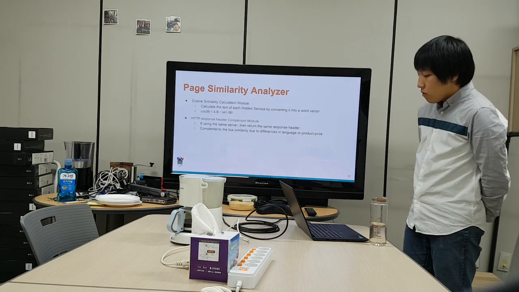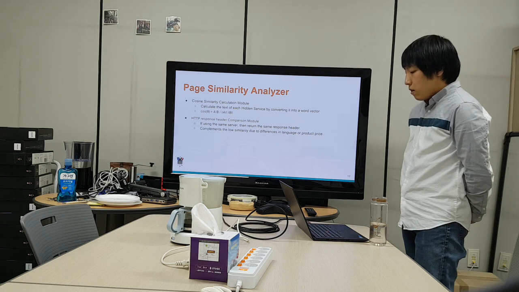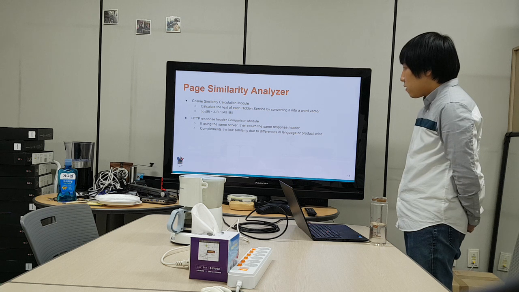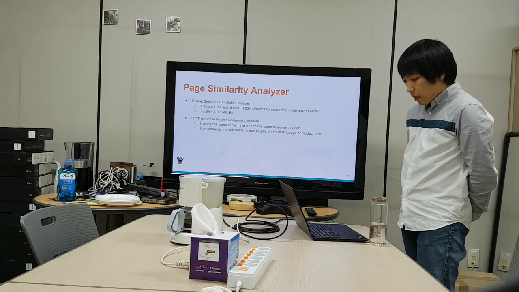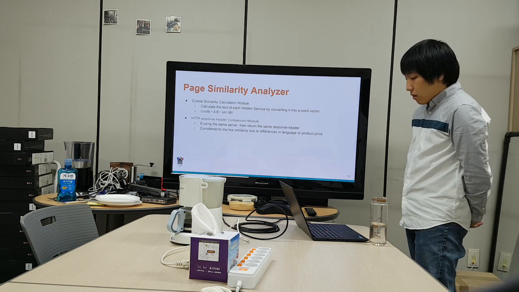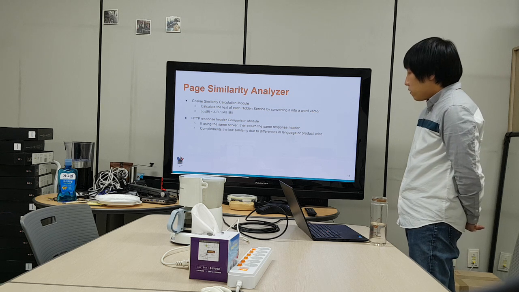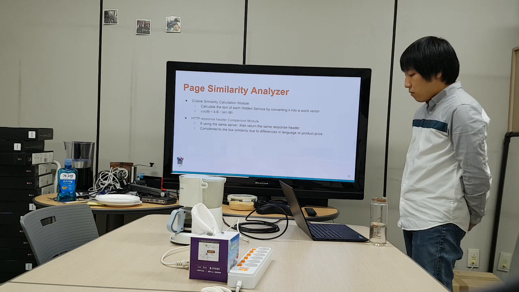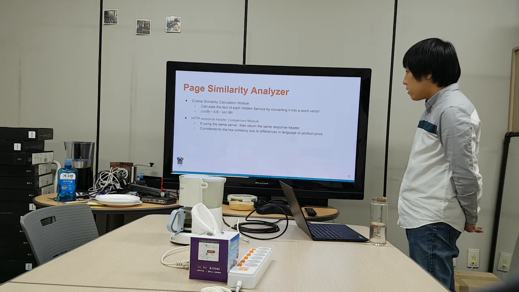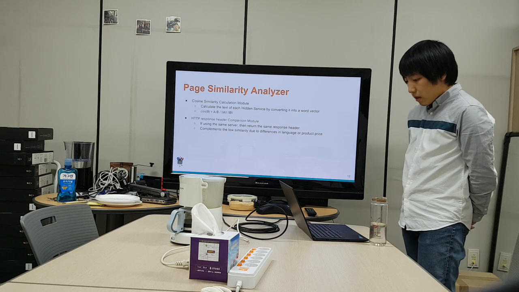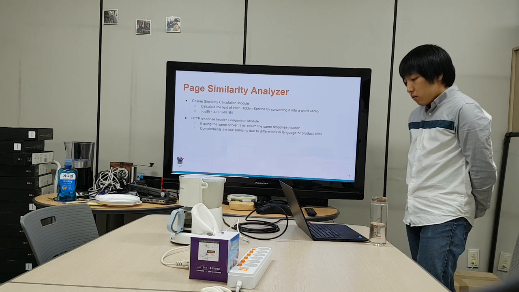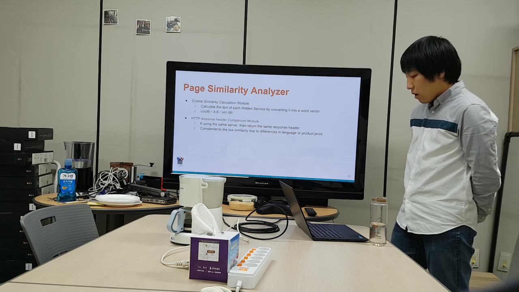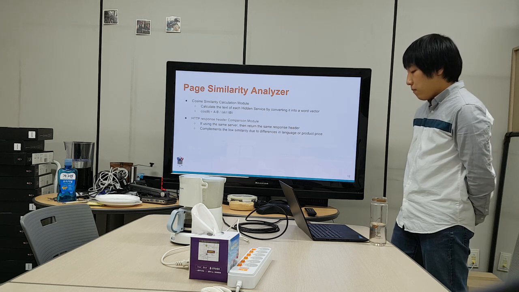The analyzer uses a cosine similarity calculation module to find duplicated hidden service pages. It converts the text of two hidden service pages into word vectors to calculate the similarity. It also uses an HTTP response header comparison module.